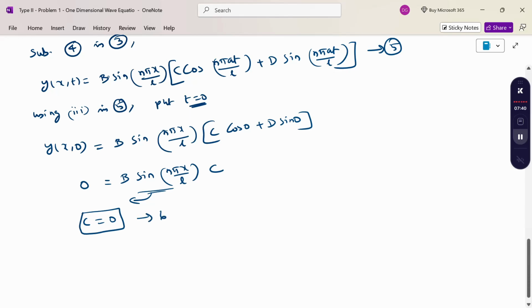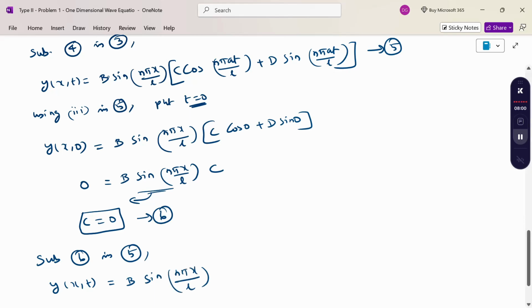Consider this equation number 6. Substituting equation 6 into equation 5, y(x, t) = B sin(n pi x / L) times D sin(n pi a t / L).